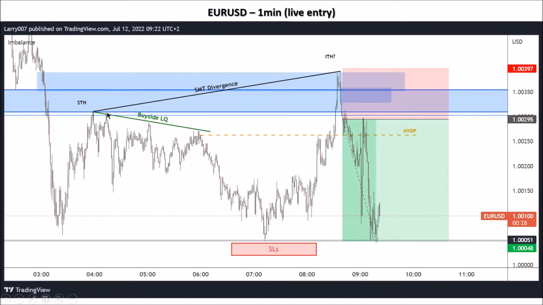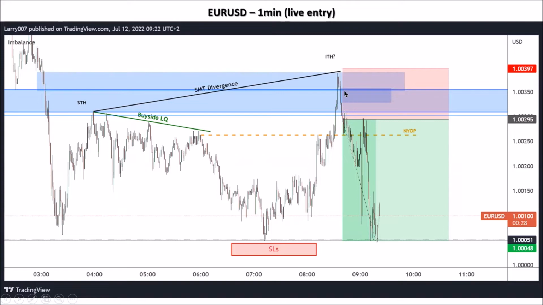So once we have taken this buy-side liquidity, we are above New York Open, we are inside the 1 hour fair value gap, a little bit higher. So I look for imbalance or shift in market structure, but usually first imbalance, if we have SMT divergence, I enter and the stop loss above, because you see there we didn't go.